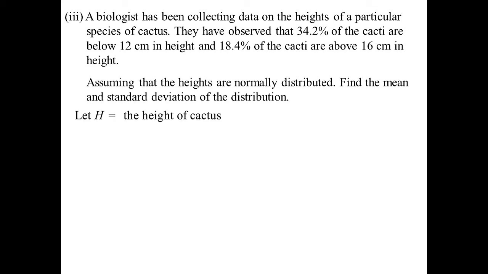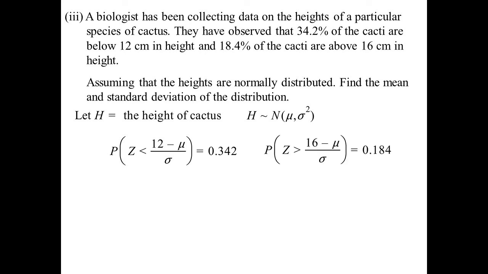So we know it's going to have a normal distribution, but we want to work out this time what the average and the deviation is what we're looking for. We've been told that the probability of Z being less than 12 minus mu on sigma is 0.342, and probability of it being greater than 16 minus mu over sigma is 0.184.